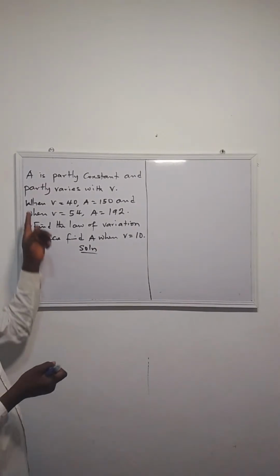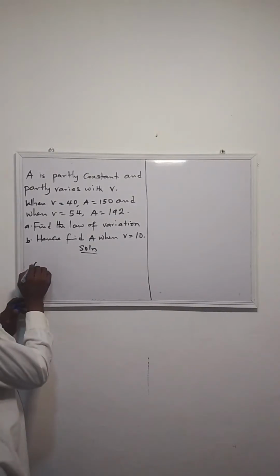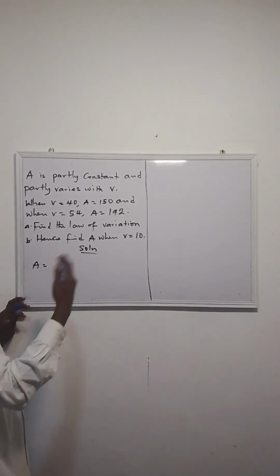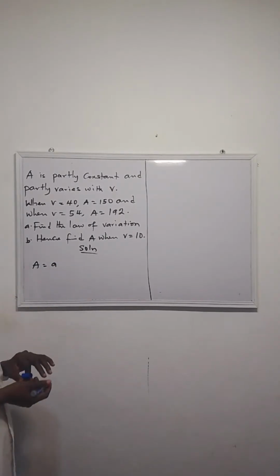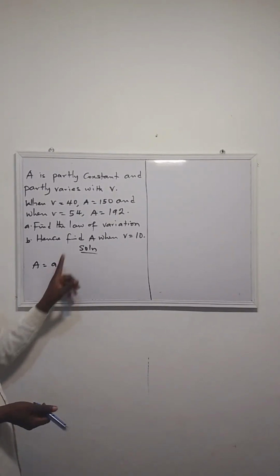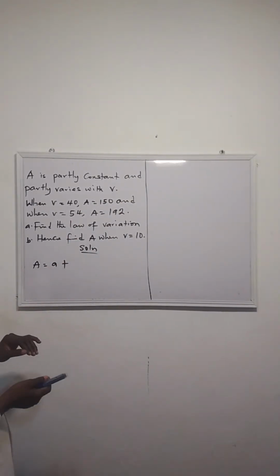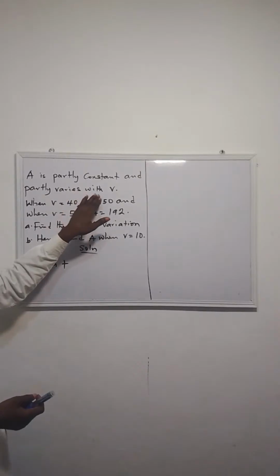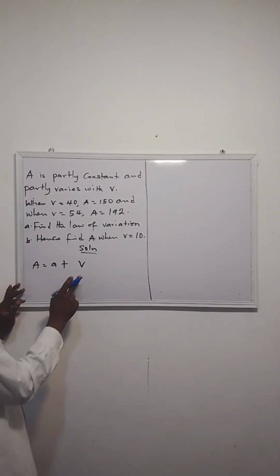Okay, so now look at this. Now A is partly constant, that is A equals a constant. So let me represent that constant with small letter a. And you have plus there, and partly varies with V. You write V, which is a variable.